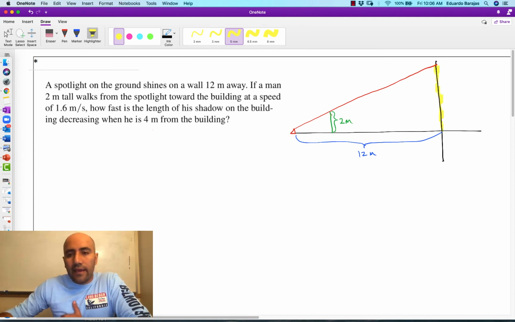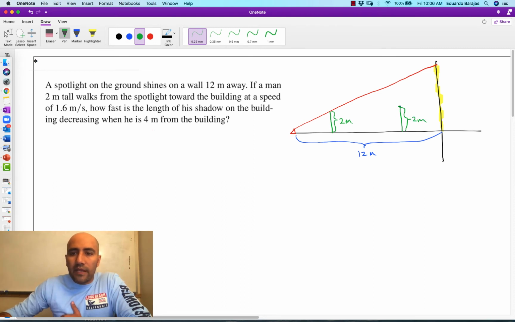right? And then as he walks closer and closer to the wall, we can see that the line connecting the light to the top of his head to the wall, that shadow is going to get smaller and smaller, right? So for instance, his height stays the same, so at some point he's way over here, much closer to the wall, right? He's still 2 meters tall, so that doesn't change.